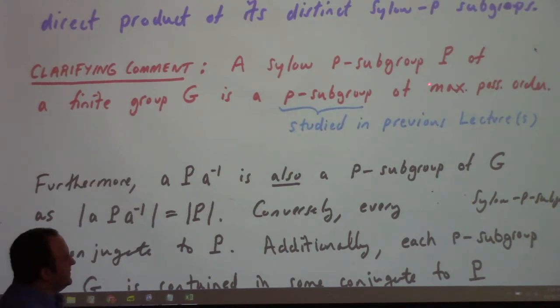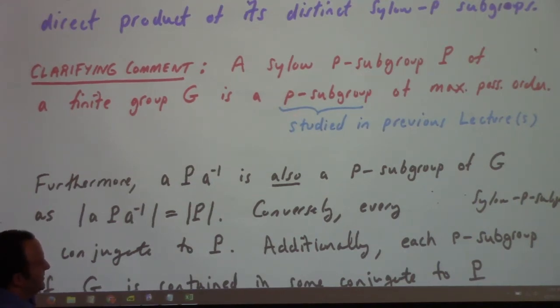A Sylow P subgroup, let's call it P, of a finite group G is a P subgroup, which means every element of it has prime power order, of maximum possible order. Furthermore, if you have a Sylow P subgroup and you conjugate it, then because the size of the conjugate is the same as the size of the subgroup, they have the same size.